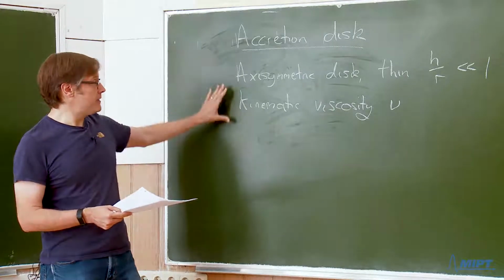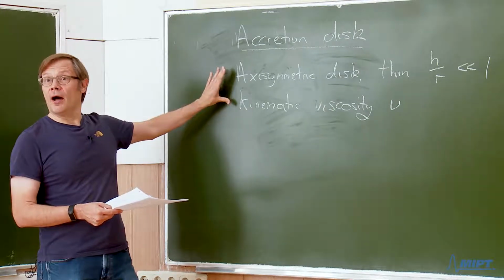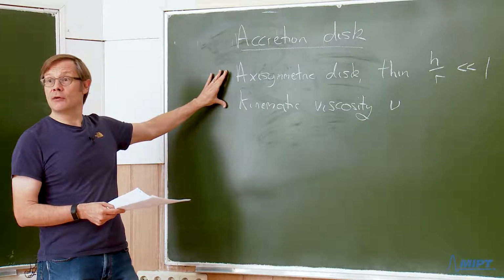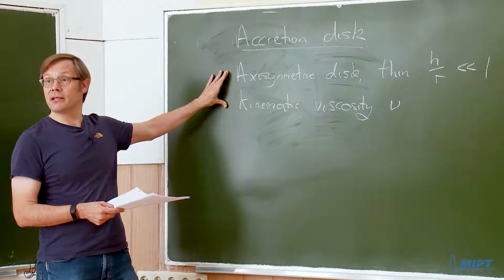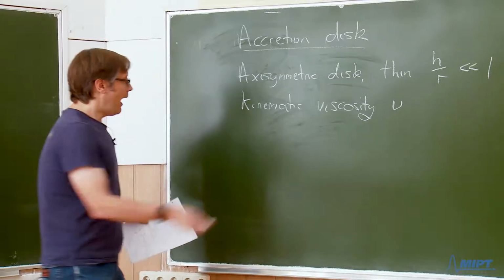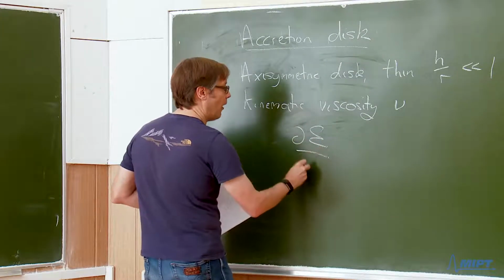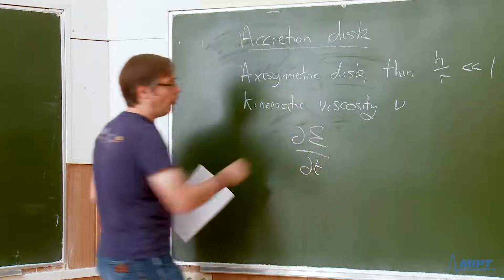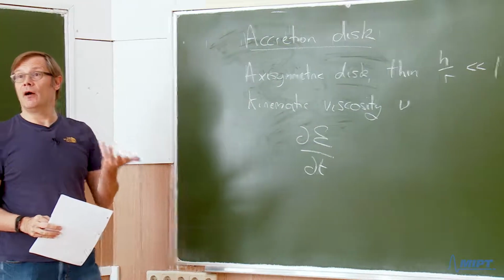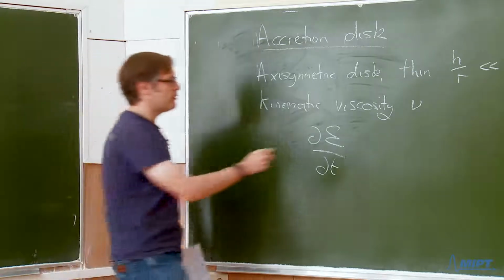Okay. So in this classical setup, you can just consider the conservation laws for mass and angular momentum and combine them, and you end up with a simple equation for the time evolution of the surface density sigma of the gas in the disk. Okay.